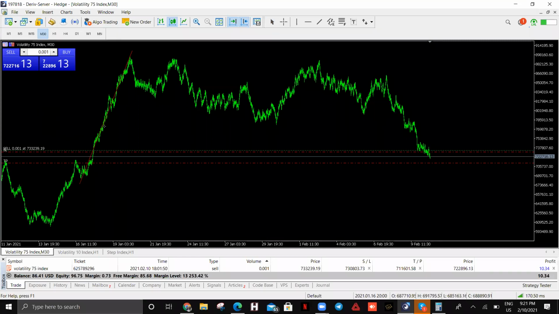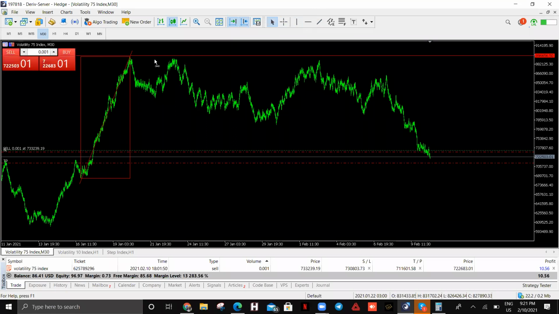Pick a rectangle up here, you draw it up to this place. As usual, you look for your resistance zone, which is here. Resistance zone here. And you pick your support zone here.